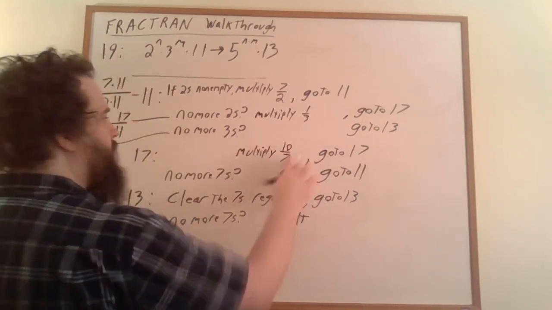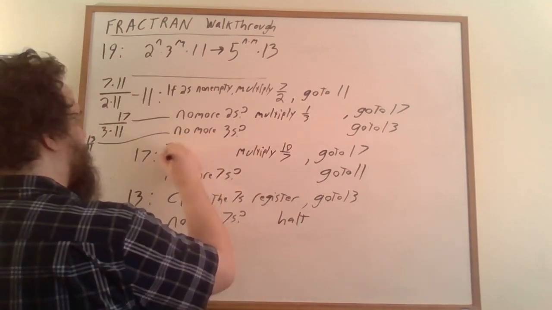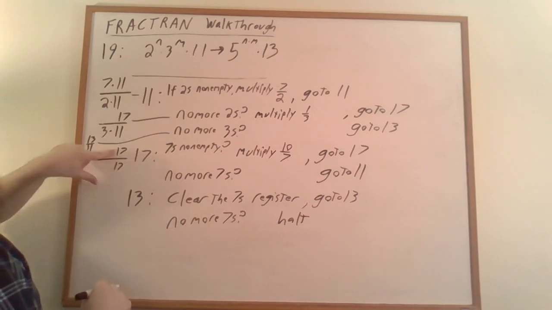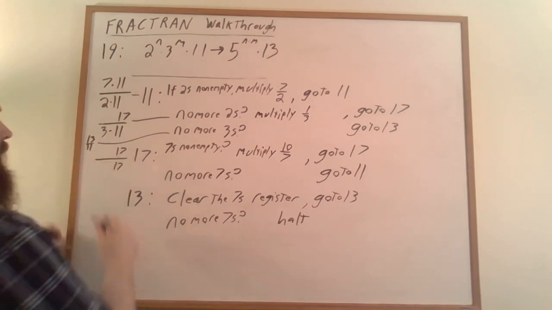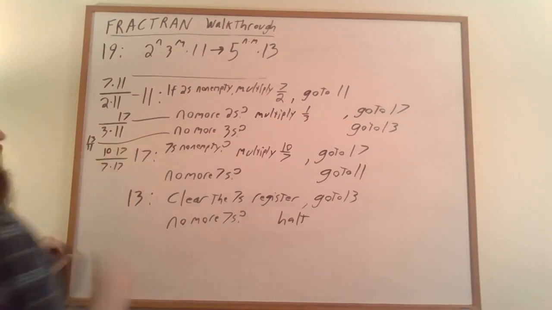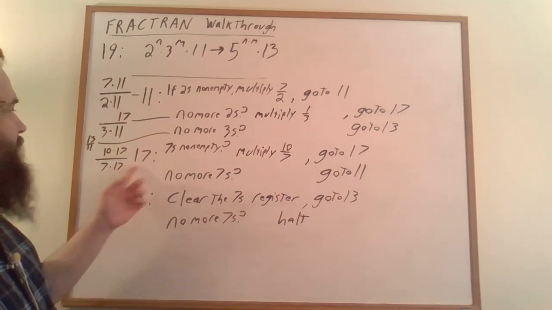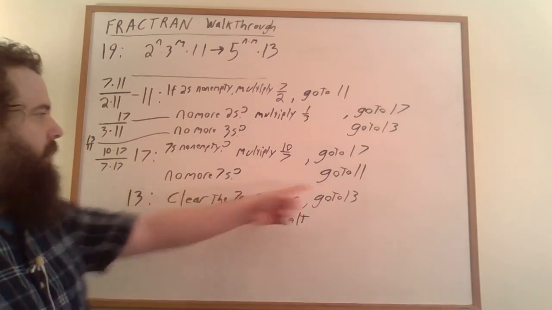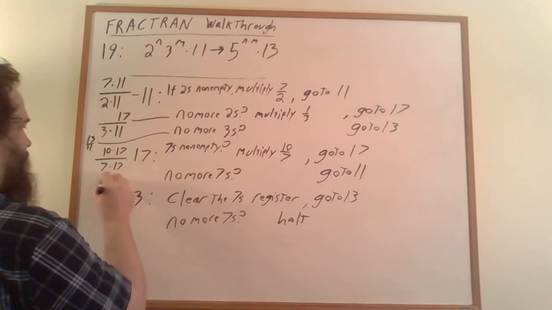And of course, we can only do that if the 7's are non-empty. So we're in state 17, we're going into state 17, and we want to multiply by 10/7. Next, if we're in state 17, but we can't multiply by this fraction here because there are no more 7's, we want to go back to state 11, so we get rid of the 17.